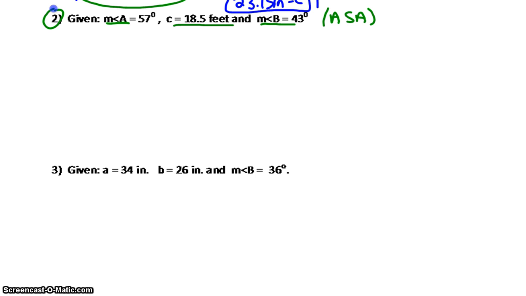However, I don't have an angle that matches with a side or a side that matches with an angle, which is our requirement. But one will easily see we can find the measure of angle C simply by taking 180 degrees, subtract 57 degrees, subtract 43 degrees from that, and we will end up with the measure of angle C being 80 degrees.